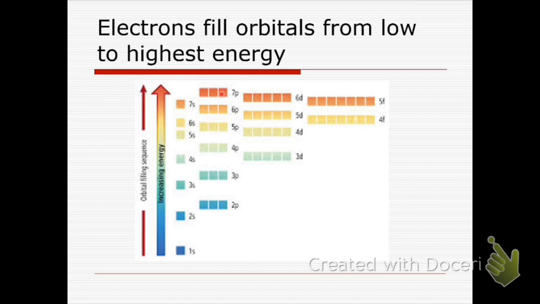How am I going to remember that order? It's wacky at the end. We're going to see that our periodic table has that order buried within it.